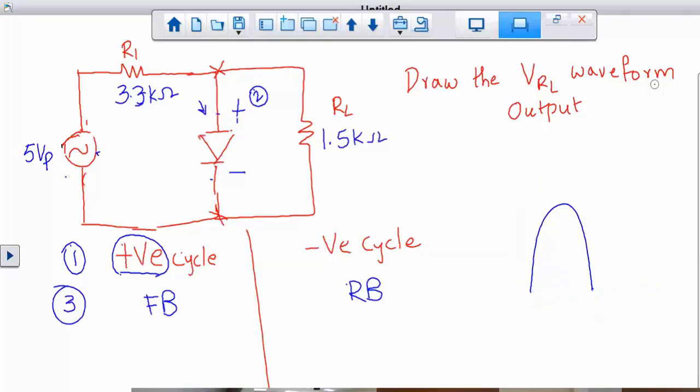Once you decide forward or reverse bias, after that it's usually pretty simple. Forward bias means you're going to have 0.7, but the most important point in here is the orientation of the diode. Where in here, the positive of the diode is on the top, negative is on the bottom, correct?